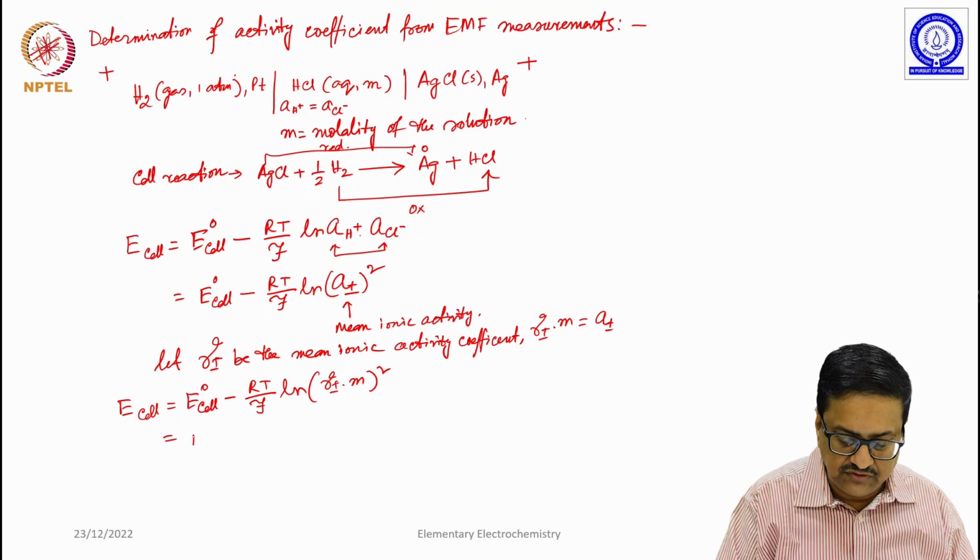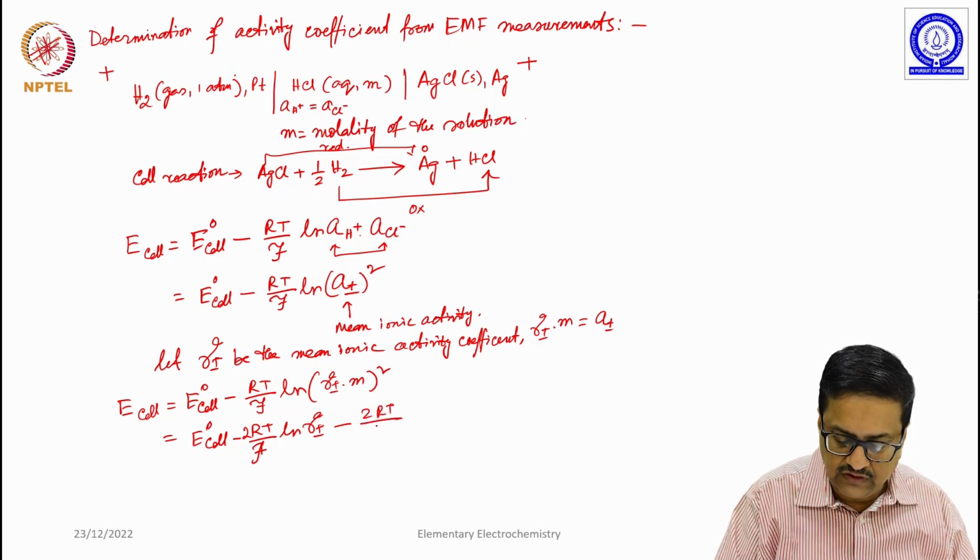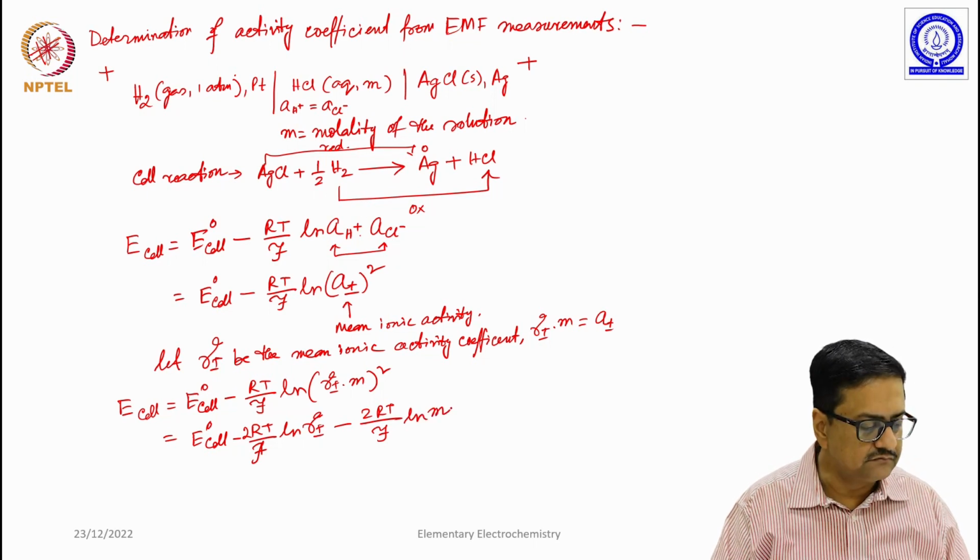Now if we try to simplify, E0 cell minus 2 RT by F ln gamma plus minus, minus 2 RT by F ln m.